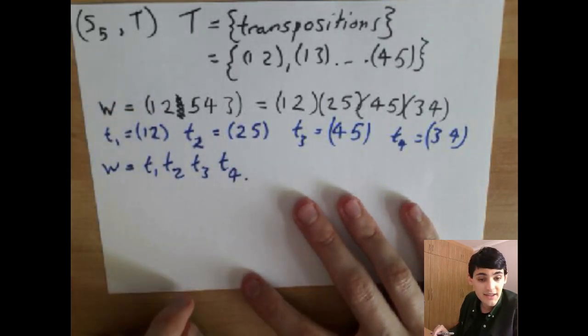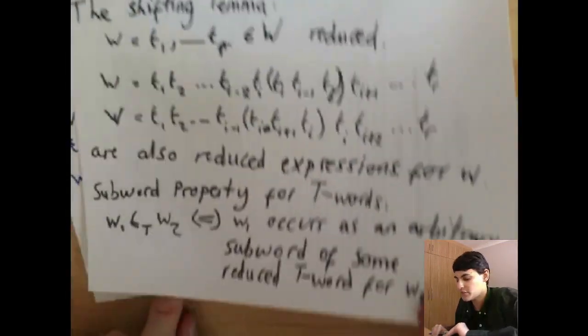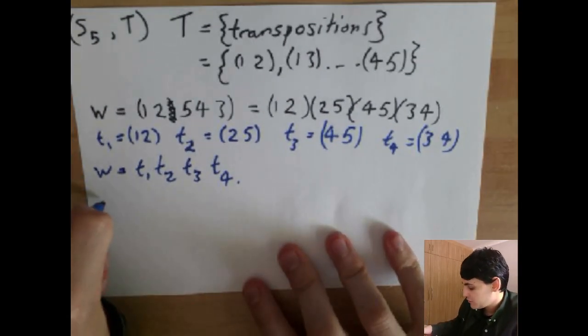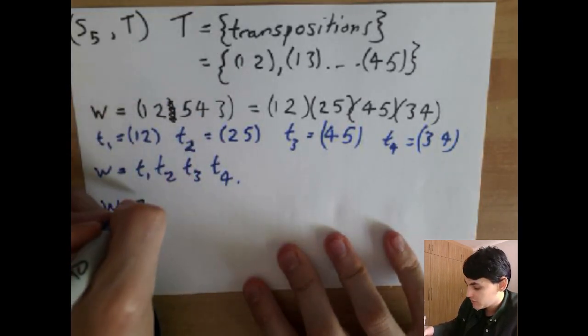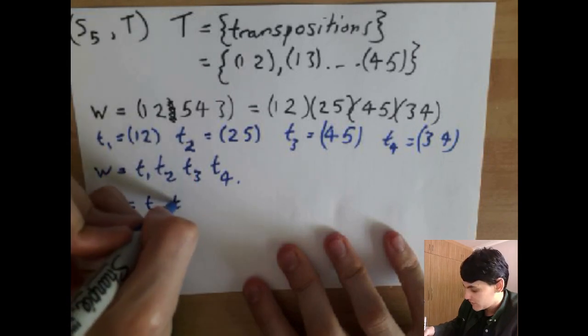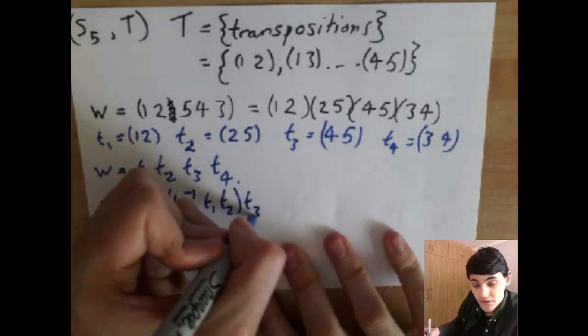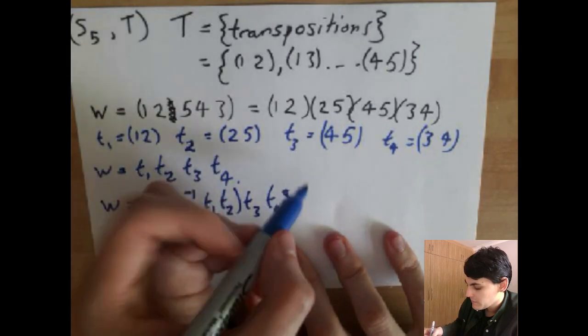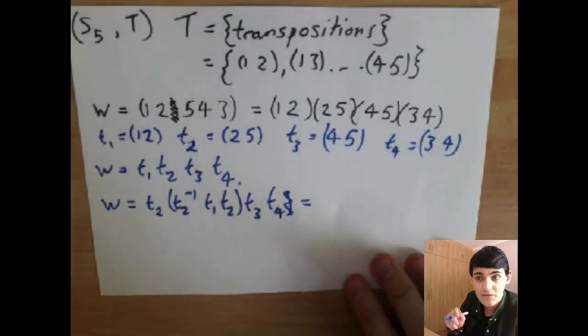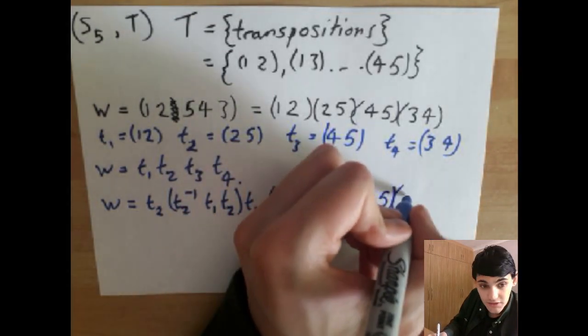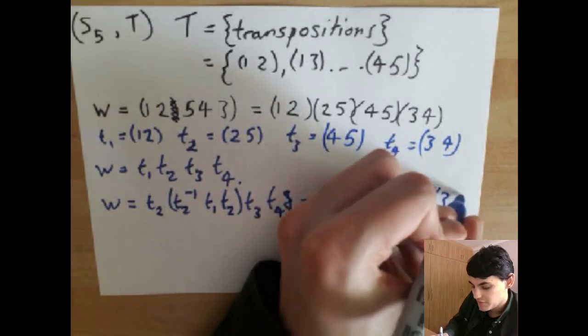Let's take i to be 2, in the sense that we were using the letter i up here. So we get that W equals T2 T2 inverse T1 T2 T3 T4, and if you work that out, you get (2 5)(1 5)(4 5)(3 4).